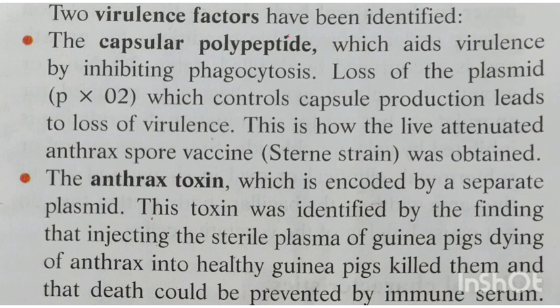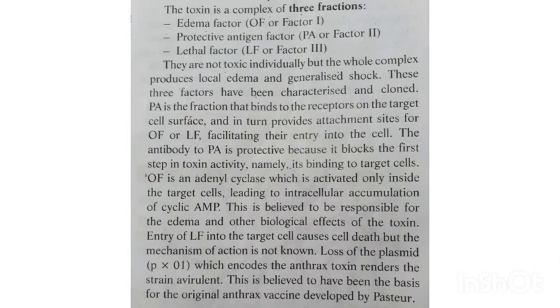Then another virulence factor is anthrax toxin. This anthrax toxin is also encoded by genes present in a plasmid. Toxin identification is done by animal inoculation using guinea pig, right? And this anthrax toxin is a complex of three fractions.